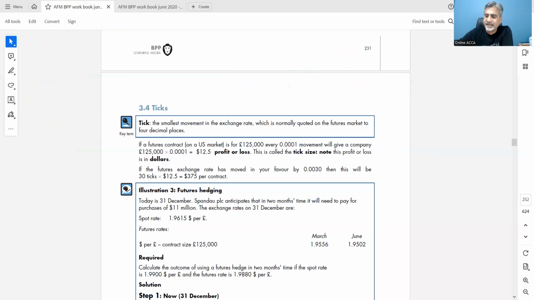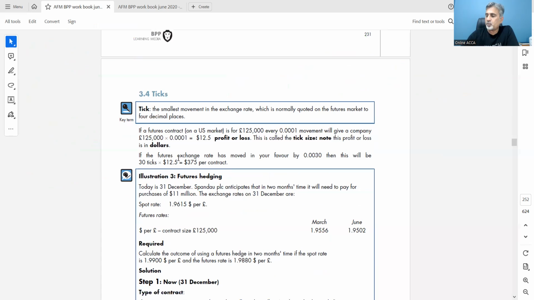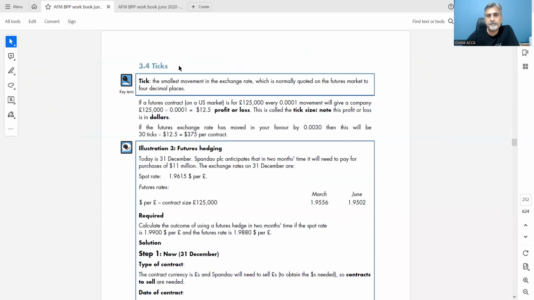Okay, so you understand tick, you understand contract size. We have a very simple question with us, just to see this knowledge in application at the simplest possible level. Simpler than this, you cannot expect.